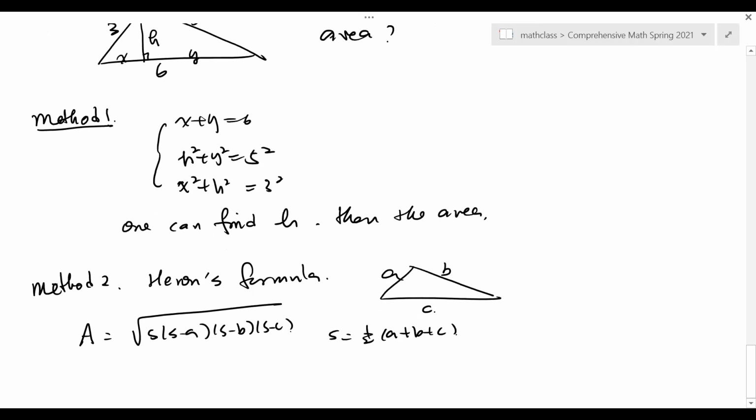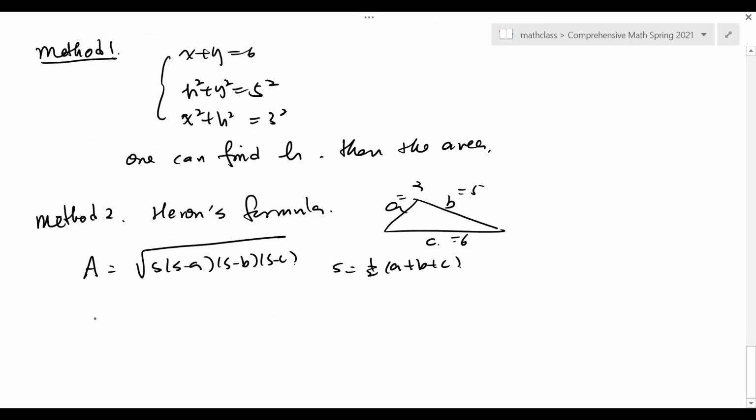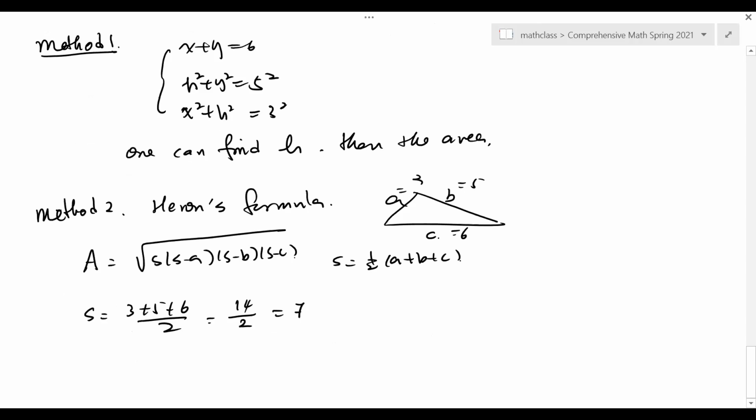Okay. So for the above problem, here's 3, here's 5, here's 6. First of all, let's compute the S. Okay, 3 plus 5 plus 6 divided by 2. Okay, 14 divided by 2 is 7, right? So 7 is the number.